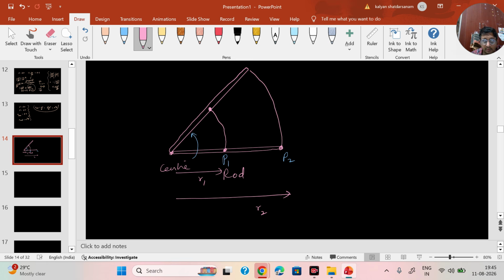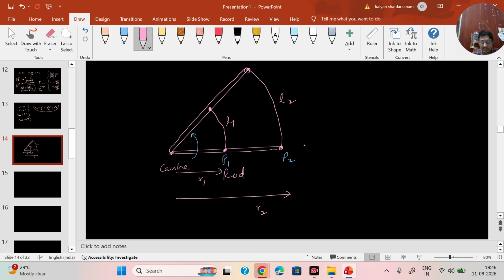Particle P2 also came there, it went in a circle. Now you see, both these particles traveled different distances. One traveled L1 and one traveled L2. In the same time they traveled these distances. So obviously their speeds also should be different, because the second particle traveled greater distance in the same time.